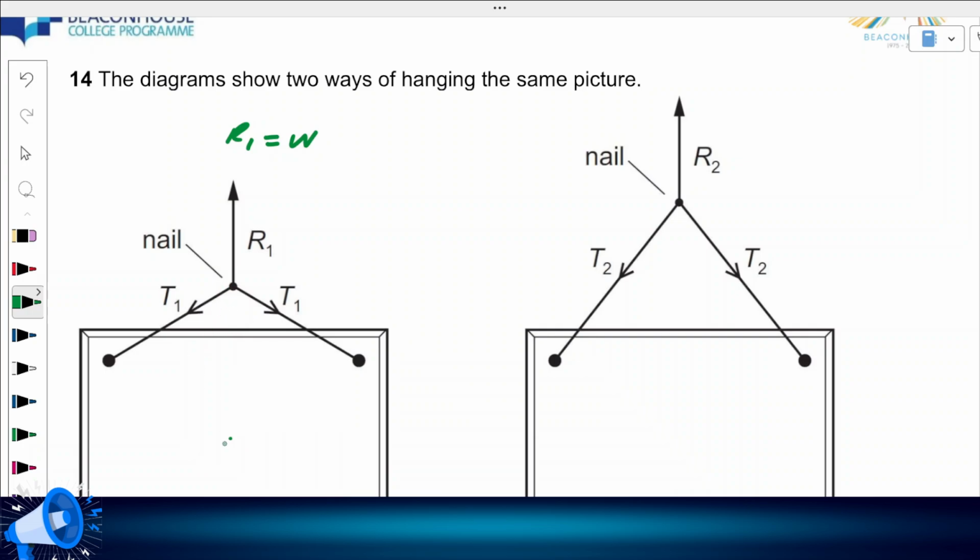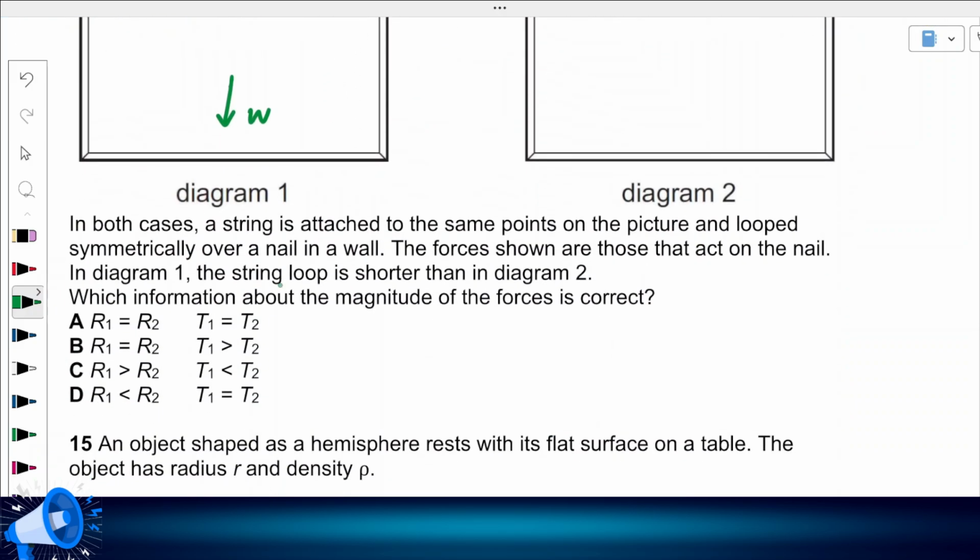The downward force is the weight of the picture, and the weight of the picture should be equal to the force R. So R2 is also equal to weight, which means if A equals B and B equals C, it also means A equals C. So these two forces are equal, R1 and R2, and both of them are equal to the weight of the picture. So which means we can eliminate option C and D.